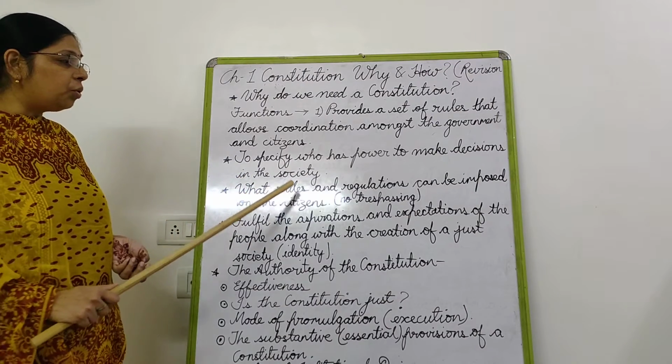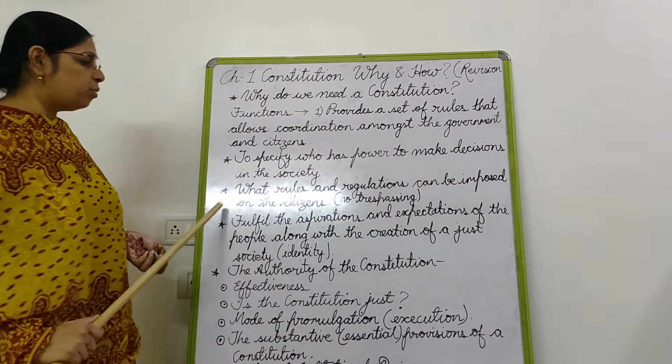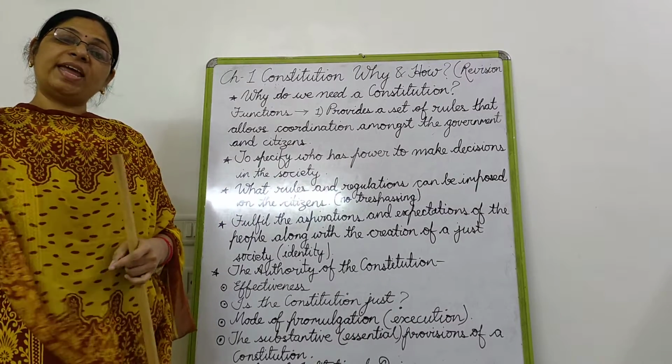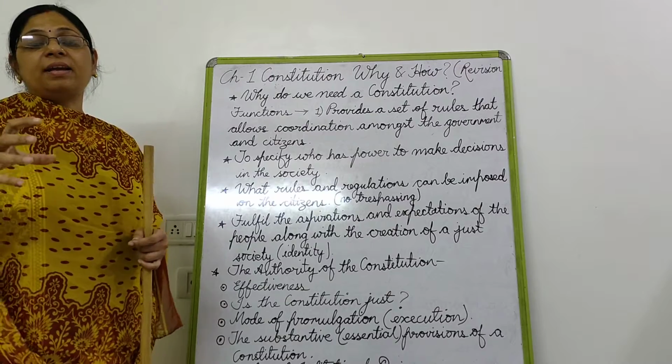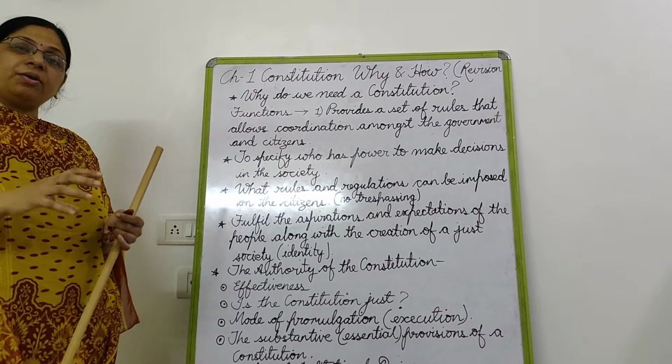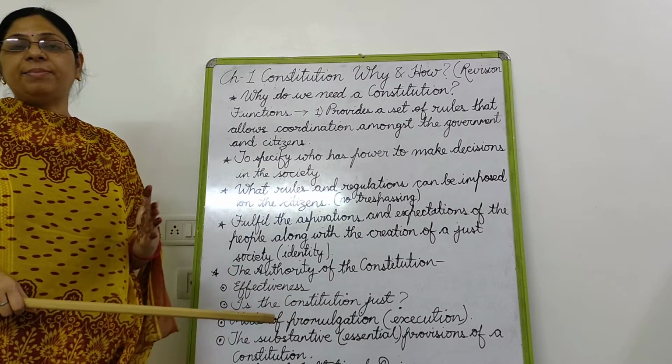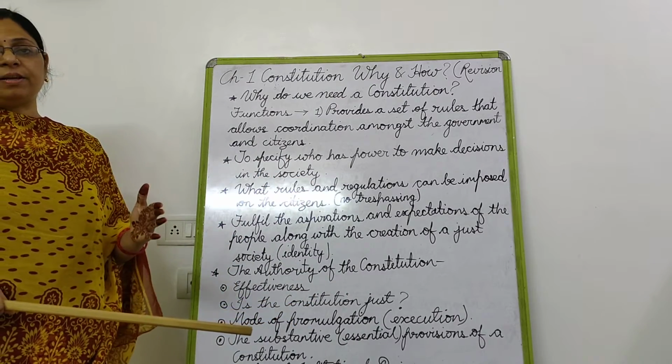Now, what rules and regulations can be imposed on the citizens? This is the third function of any constitution, that it has to decide what the limitation of the government should be, or what the limitation of the citizens should be as well.